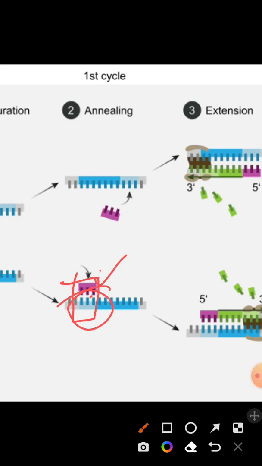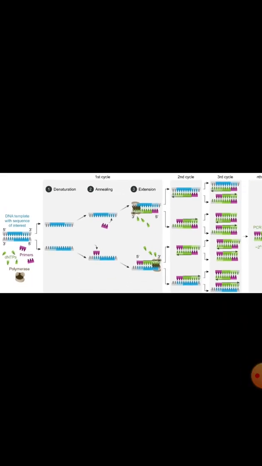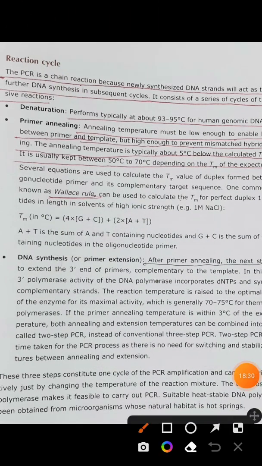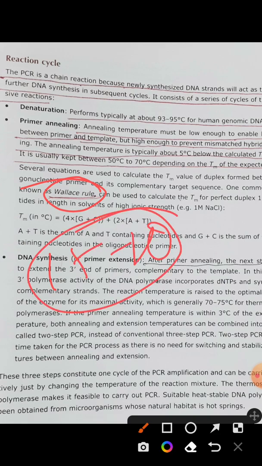There are various equations that you can use to determine the annealing temperature. I am going to discuss an important rule, Wallace's rule, that tells us the Tm value of a perfect duplex 15 to 20 nucleotides long. Remember that our primer is about that length, so we can use Wallace's rule at high ionic strength, 1 molar NaCl.